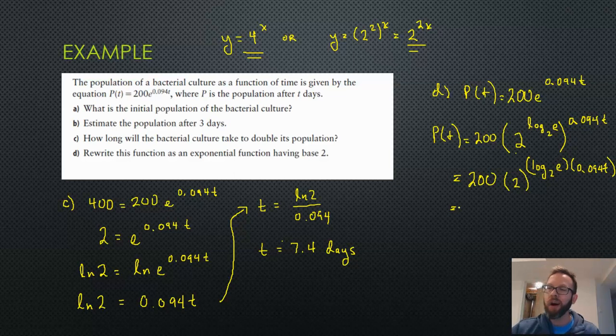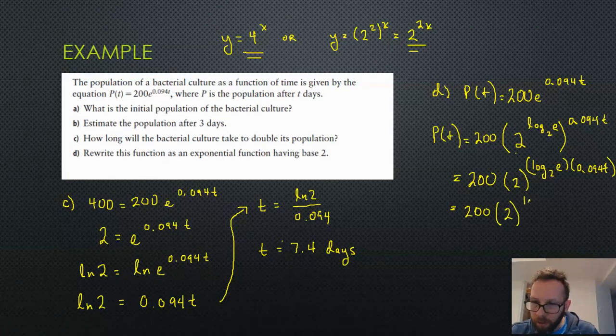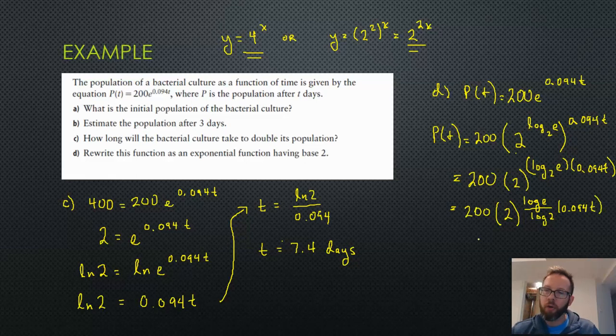That's equal to log e over log 2. Log e over log 2 times 0.094t. And then we can go to our final answer.